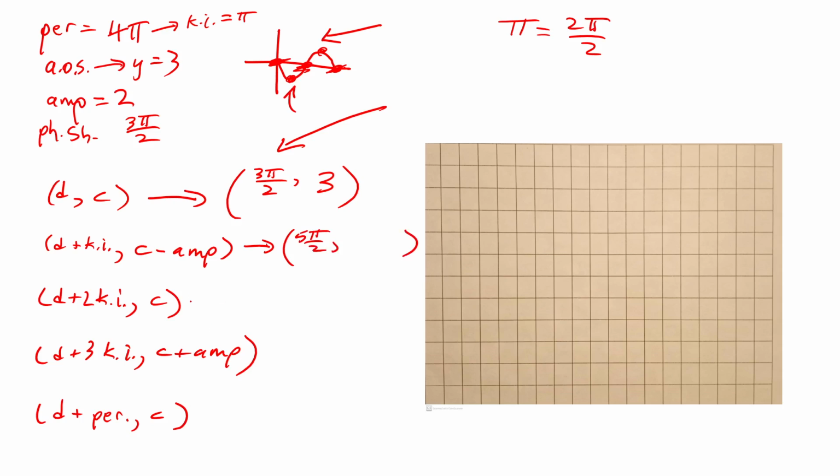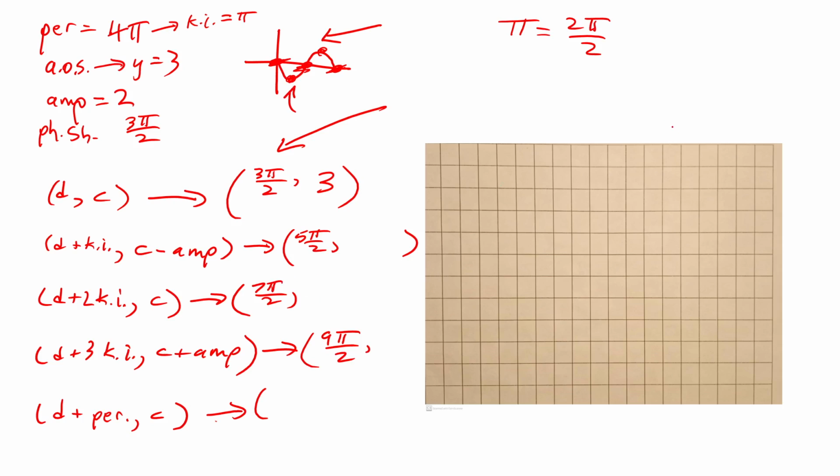For our next x coordinate, it's d plus 2 key intervals, so it's 3 pi over 2 plus 2 pi over 2's, which is 7 pi over 2. Our next x value will be another 2 pi over 2 radians away, and our final x value will be the original phase shift value, the 3 pi over 2, plus an entire period, which is 4 pi.